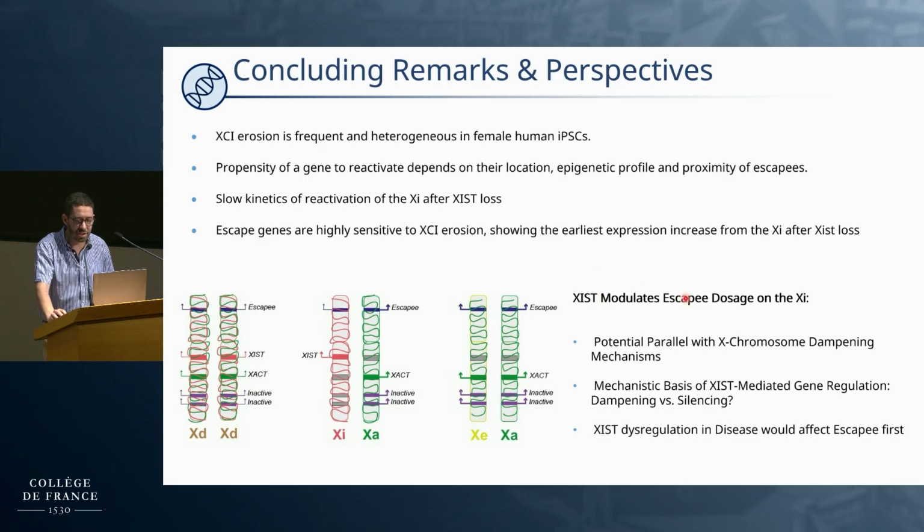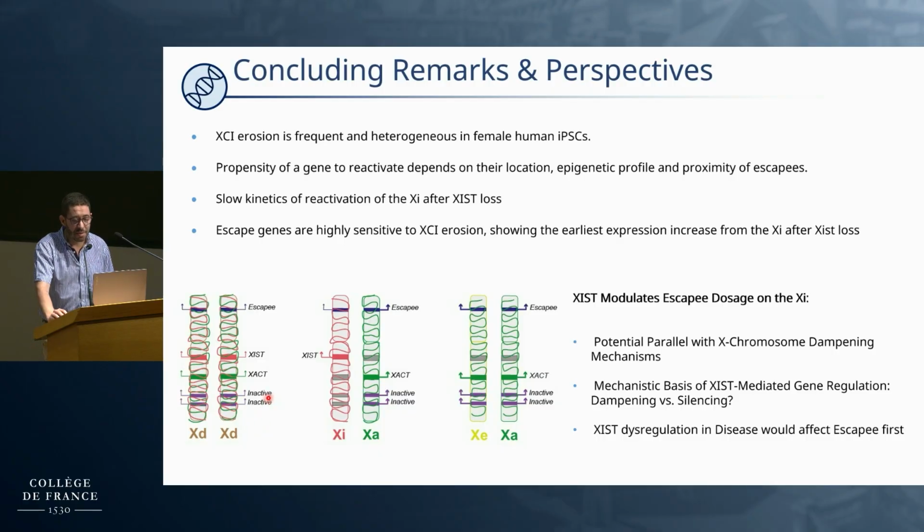So I just want to think about this modulation of XKP gene dosage on the inactive X from XIST. And here are just a few of my thoughts that maybe we could discuss. I wonder, for example, whether what we see on the inactive X for XKPs is not very different from what we see at X chromosome dampening. So we see a reduction in expression, but still expression.